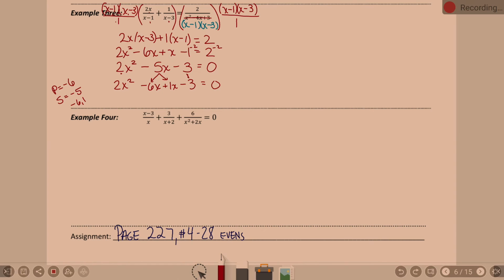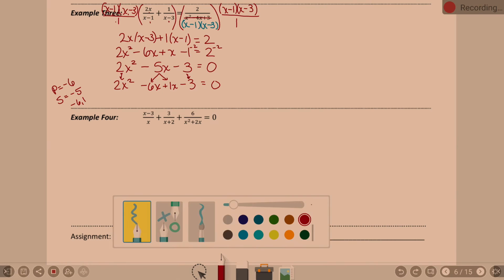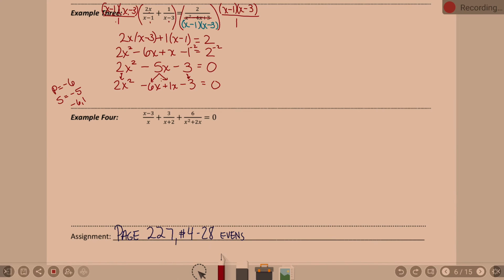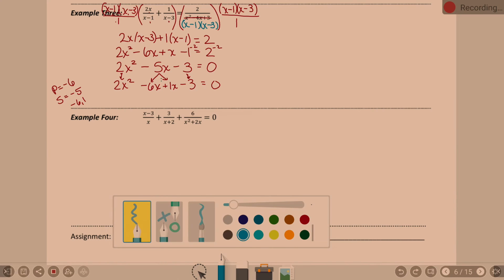Okay, the 2x squared out front carries down, the minus 3 carries down. We split the middle term. We now have 4 terms, so we're going to split it in half, and factor the halves.